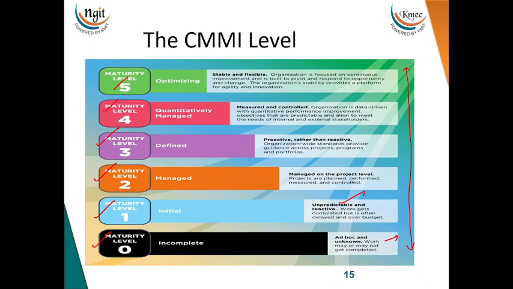If it is 1 lakh dollars, they will start with 5,000, 6,000 like this. They need software engineers, they are 10, they go with 5 or something like that. That is reactive. Then maturity level 2, where management comes into action, and projects are planned and performed.